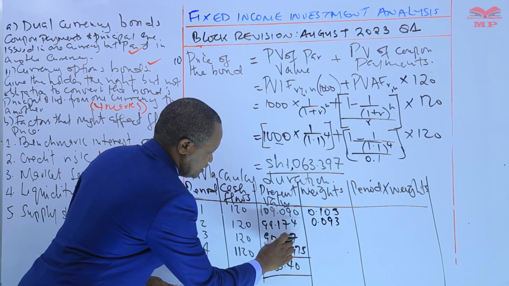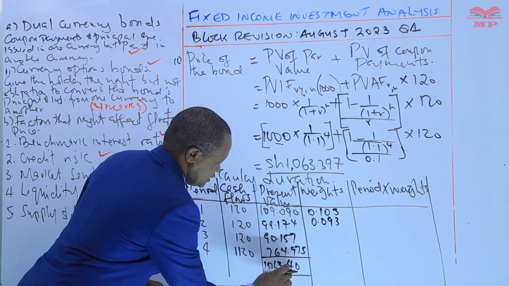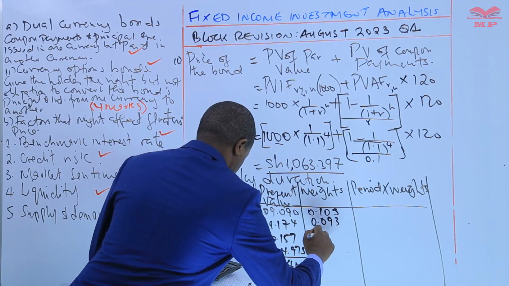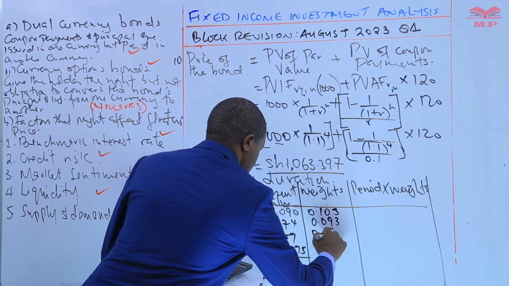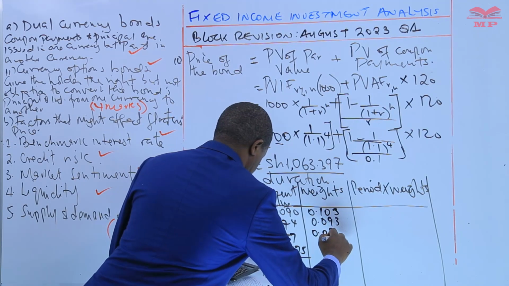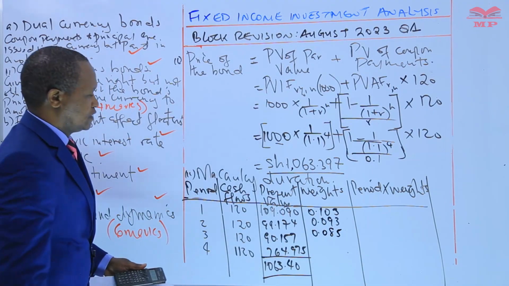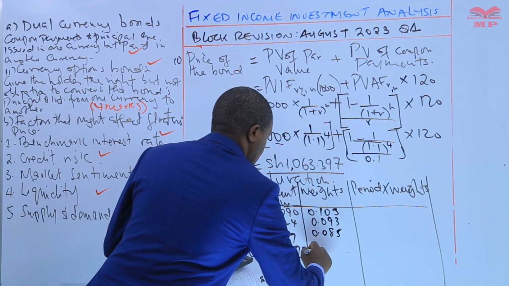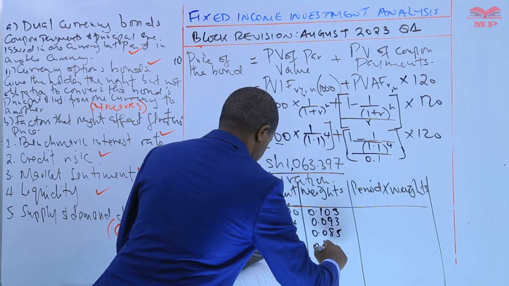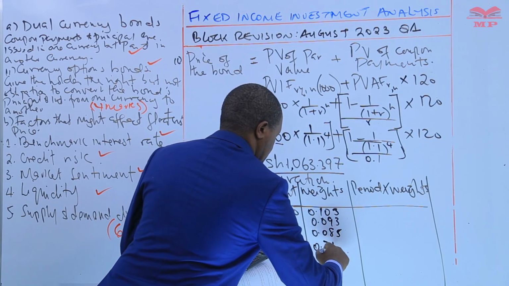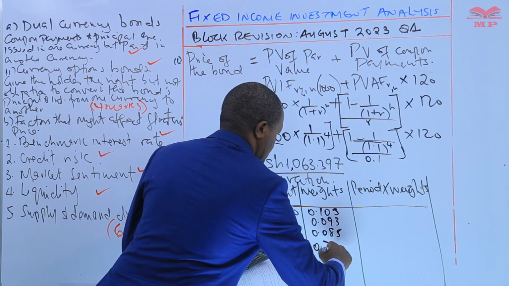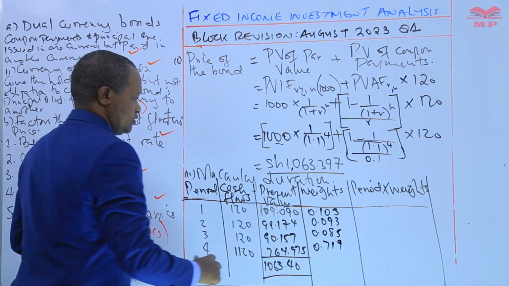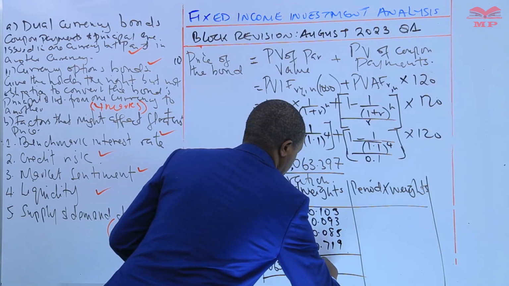Next is 90.157 divided by the total, 0.085. Then lastly, I have this is 0.719. Yes. So this should give us 1.0.